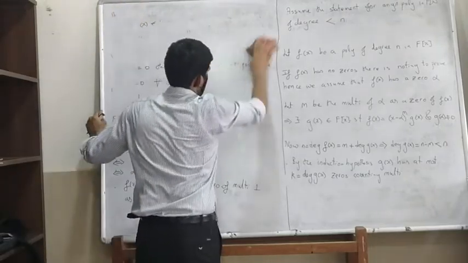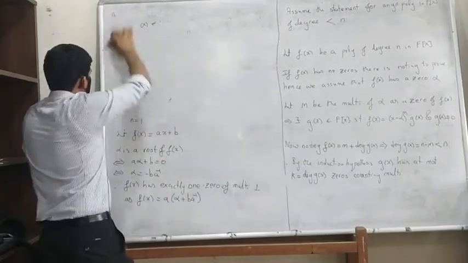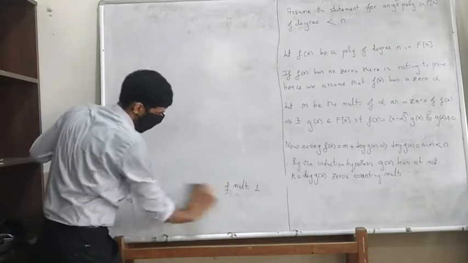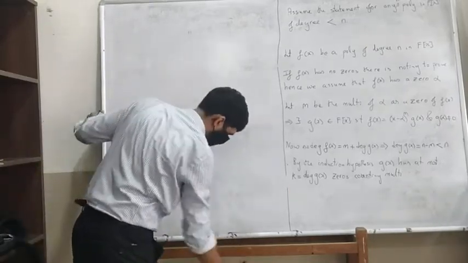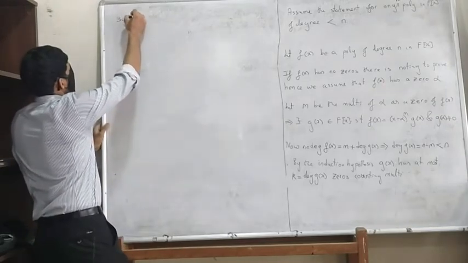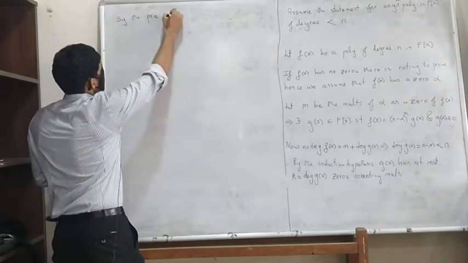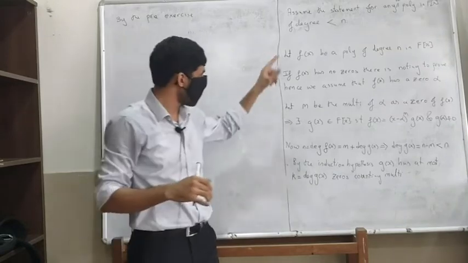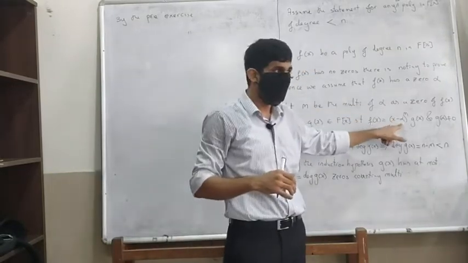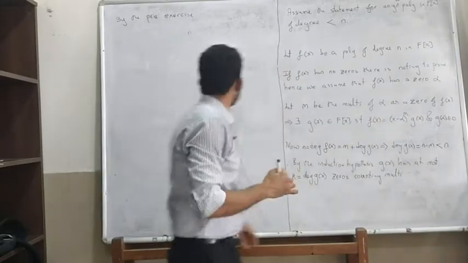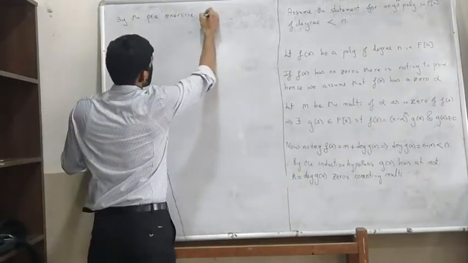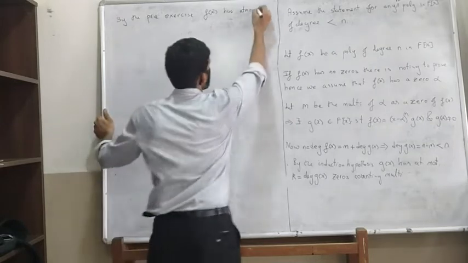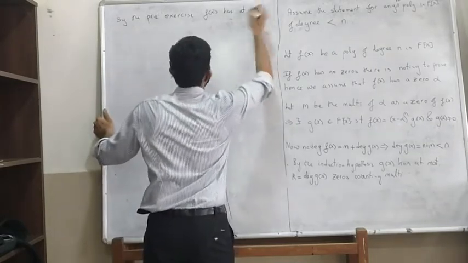Now, by the previous exercise, because the zeros of f are essentially alpha of multiplicity m and the zeros of g of x, f of x has at most how many zeros?